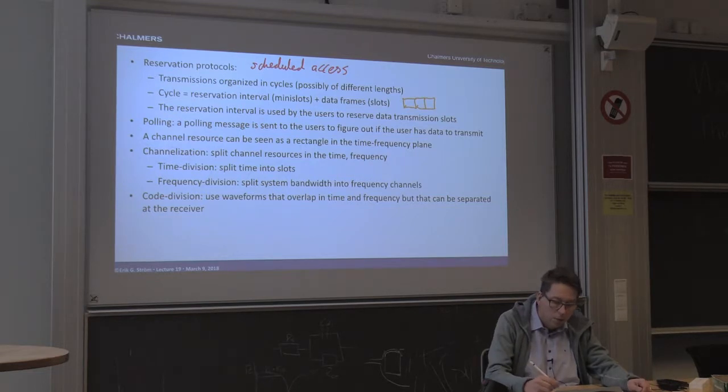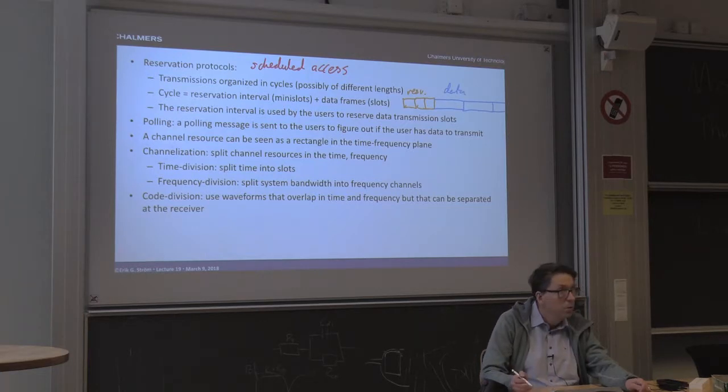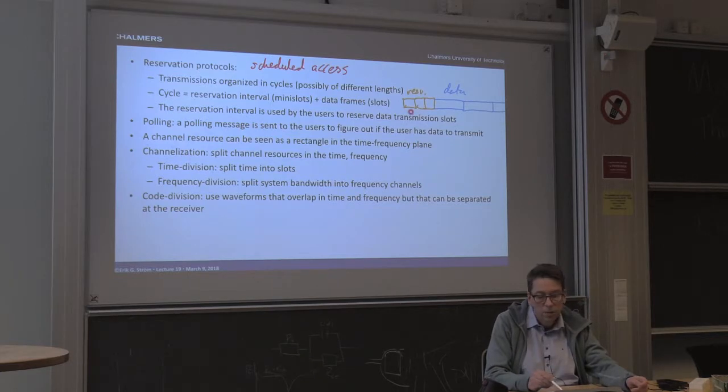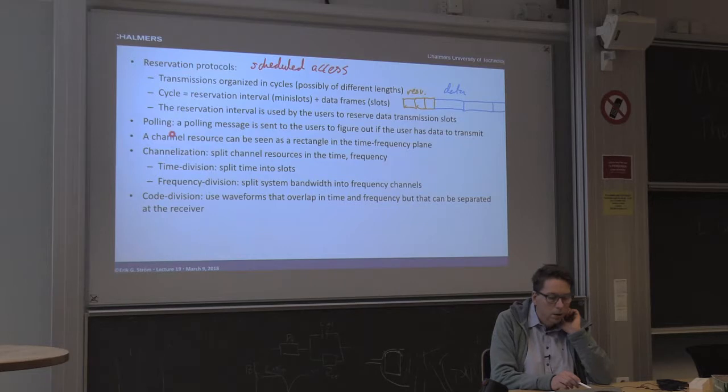And then there come some data frames, and the data frames are typically longer than the reservation. So this is reservation, and the blue is data. This is a complete cycle, and then it repeats itself with a reservation interval and a data transmission interval. We can also use polling. That is, we send a polling message to users to figure out whether they have user data to transmit.